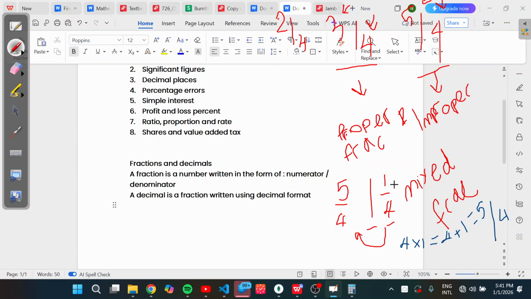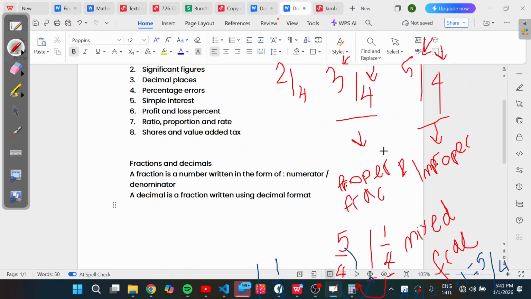So 4 times 1 is 4, plus 1 is 5, so 5 over 4. Now what if we wanted to go the other way? That's also very simple. 4 in 5 is 1, and the remainder is 1, all over 4. So that's how we get mixed fractions and vice versa.